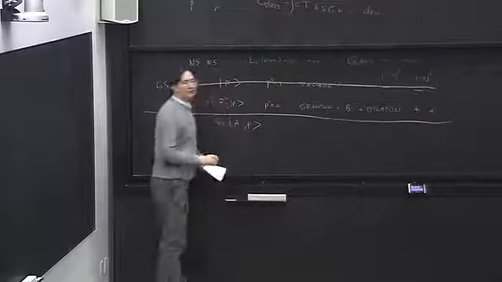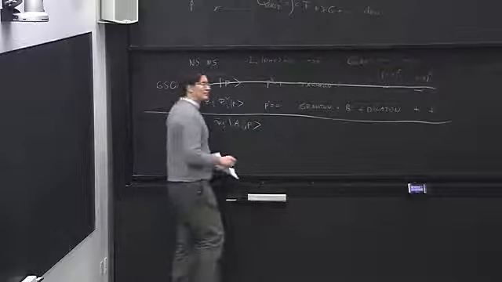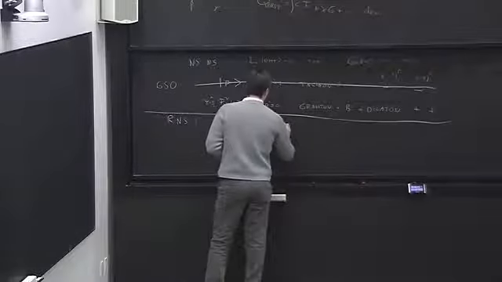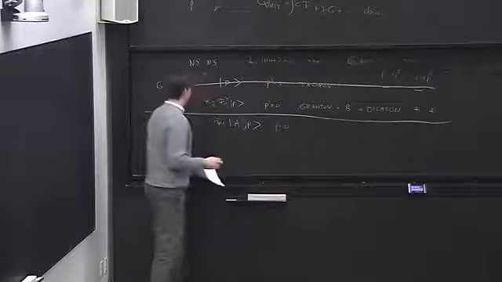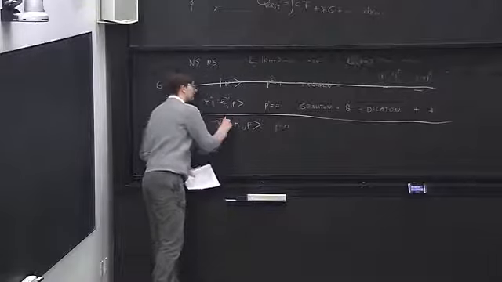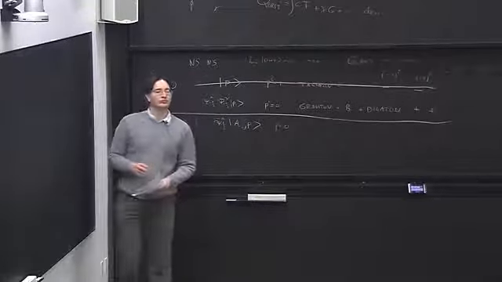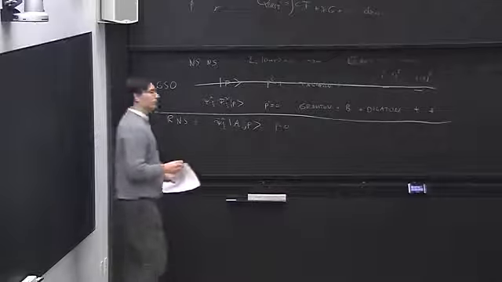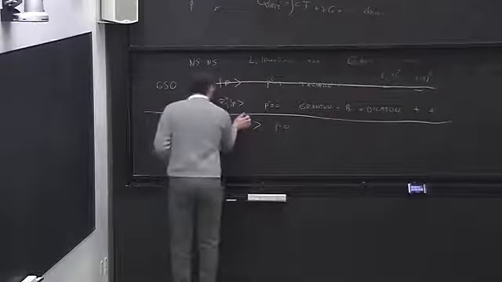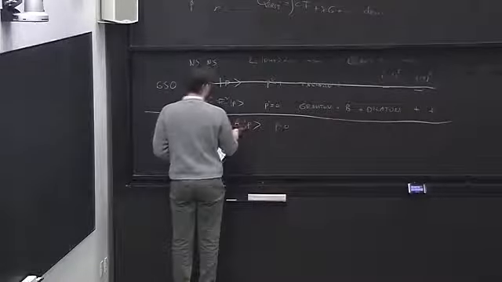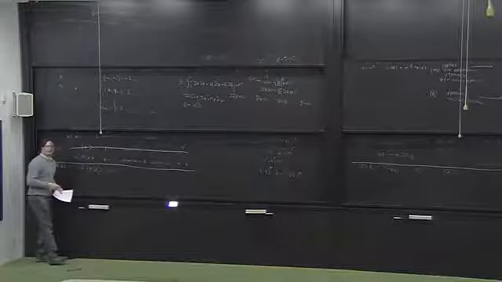You can do something like that, with p squared equal to 0. And then the GSO projection will keep only one of the two chiralities here.